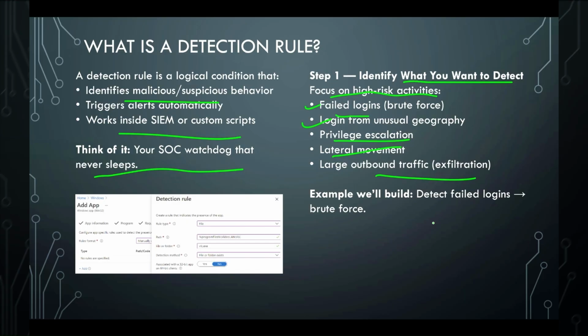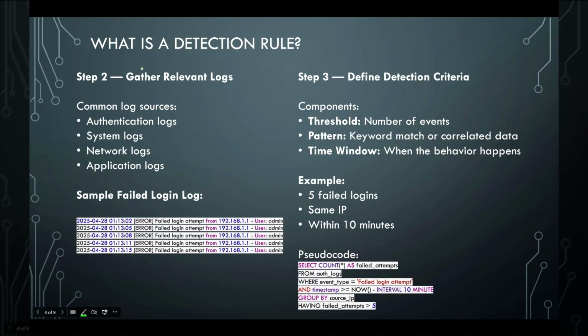So let's say you are concerned about failed logins. All right, so step number two is to gather the relevant logs. In order to build an effective rule, you need to gather the logs that provide the information you need.